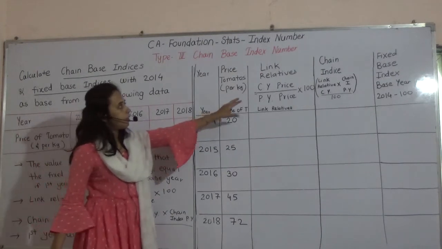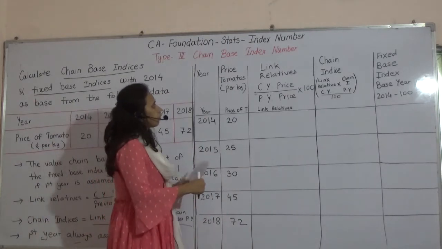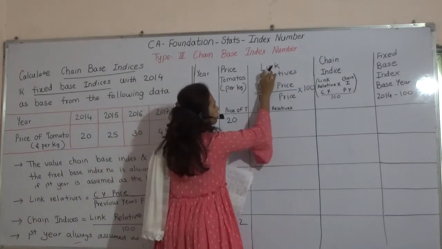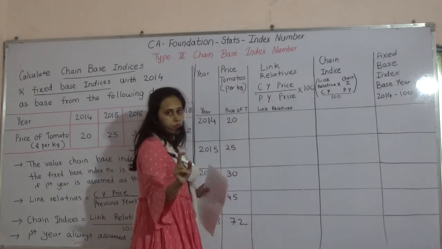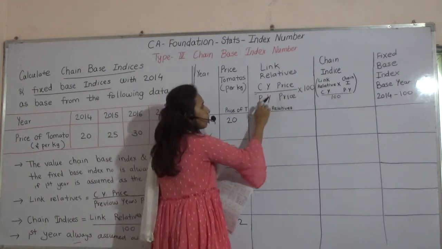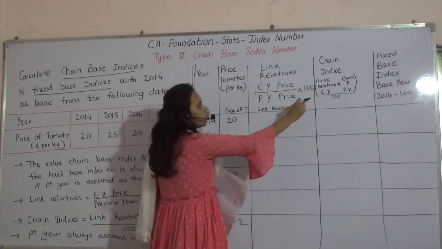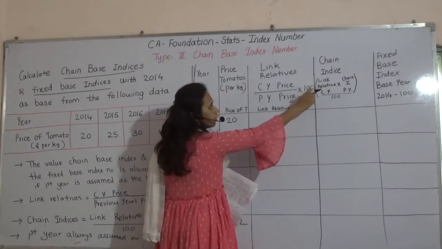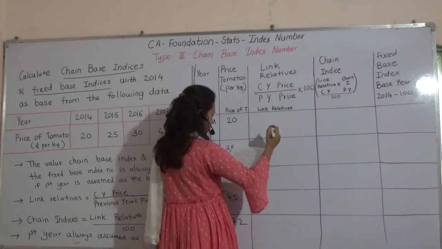I have just copied it here also so that while calculating you will understand. Okay? Let's start now. Link relatives. Current year price, what is the formula? Current year price upon previous year price into 100. So for this chain indices I have to calculate link relatives. Let's calculate link relatives first.